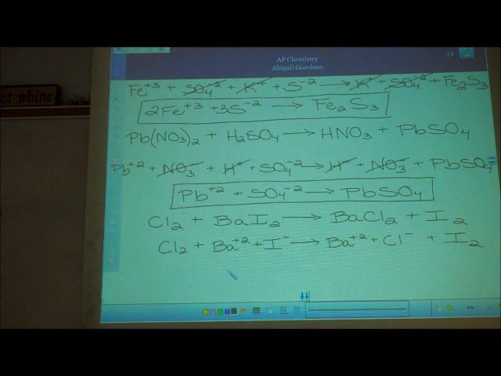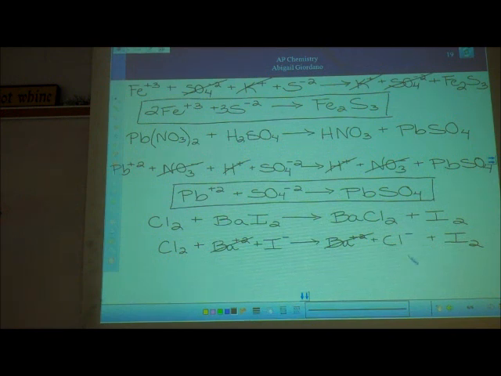Now guys, you got to be careful. When you're thinking, okay, what can I cancel out? You can only cancel things out that are identical. What can I cancel out? Barium. Cl2 and Cl minus are not the same thing.